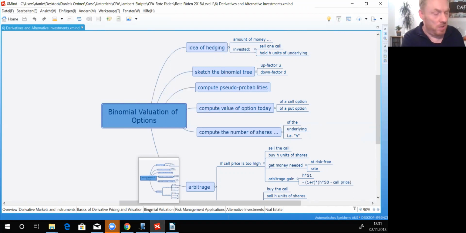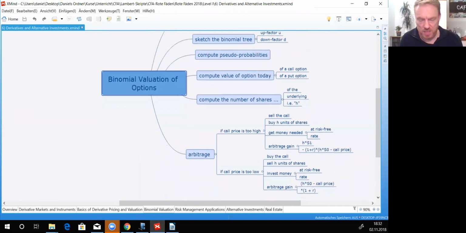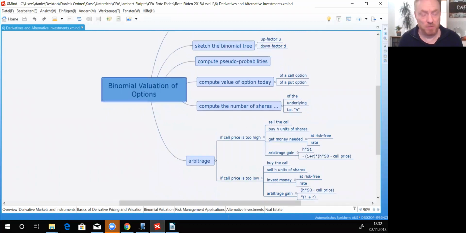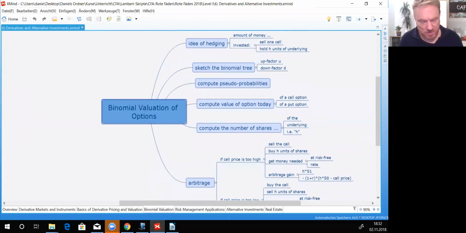Not only for the arbitrage gain, but also if you're asked to compute the value of the call option today. So that is that, and of course the arbitrage gain itself.